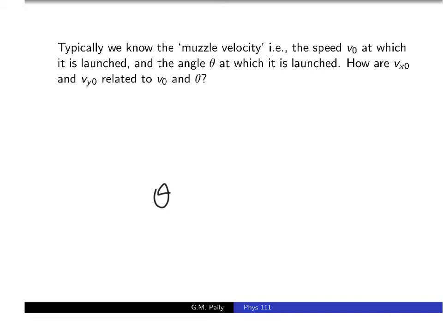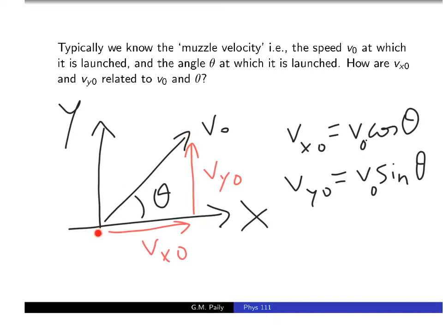Specifically, drawing a right-angled triangle, we see that Vx0 is equal to V0 cosine theta, and Vy0 is equal to V0 sine theta.